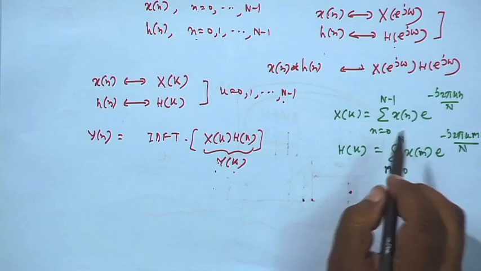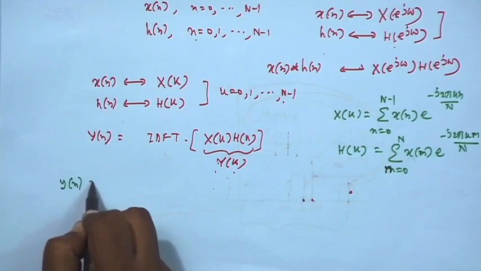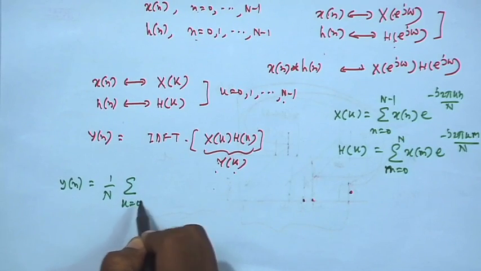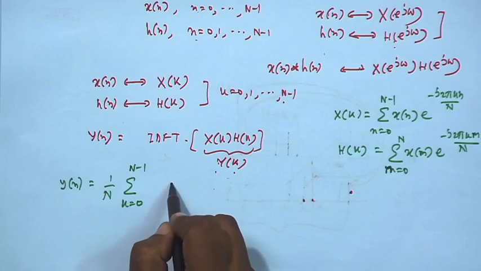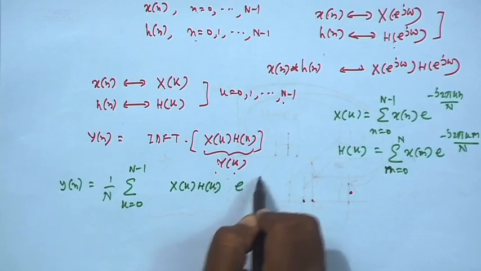Okay. Now, IDFT, that means Yn is 1 by capital N, IDFT means summation over k, Yk, that is this product, e to the power j.